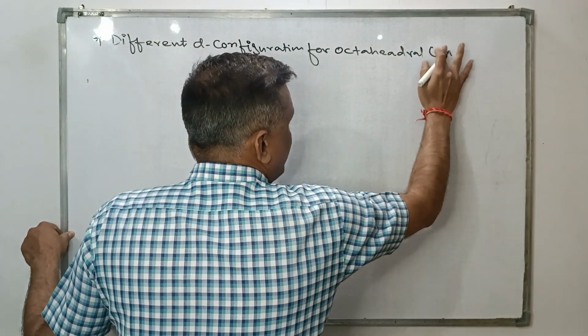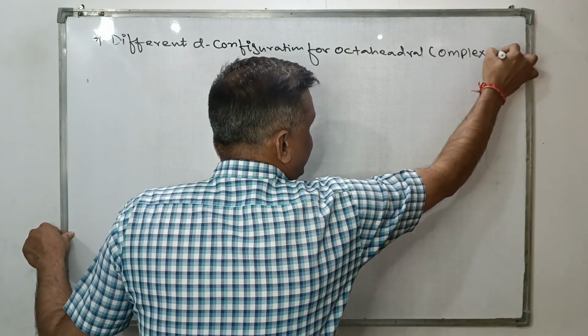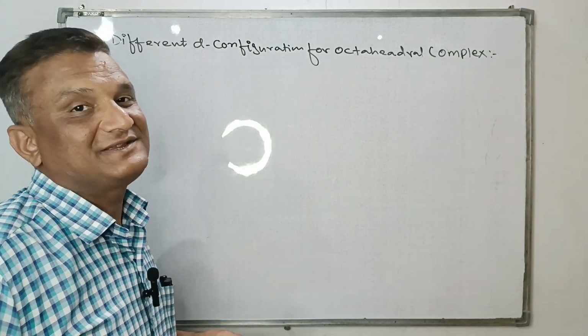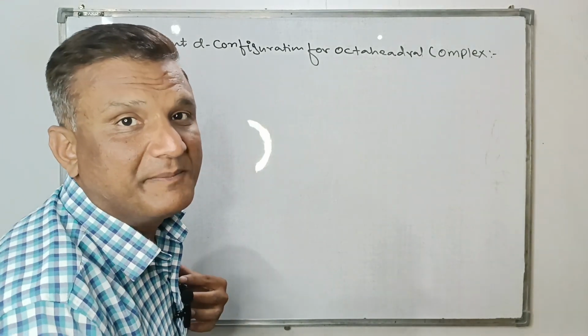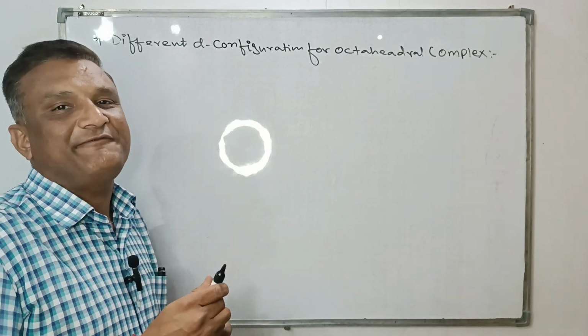Means particular octahedral complex के लिए different d configurations कैसे होंगे. Meaning particular d1 से लेकर d10 तक के electron जब हम filling करते हैं, then what will be the effect.